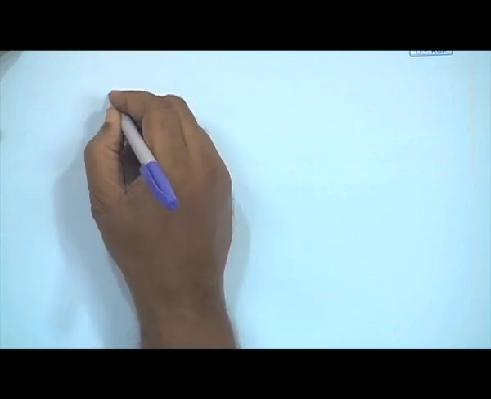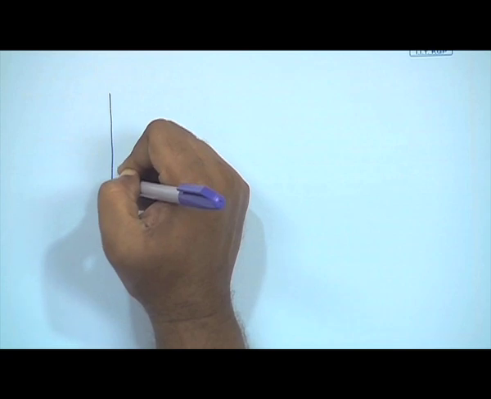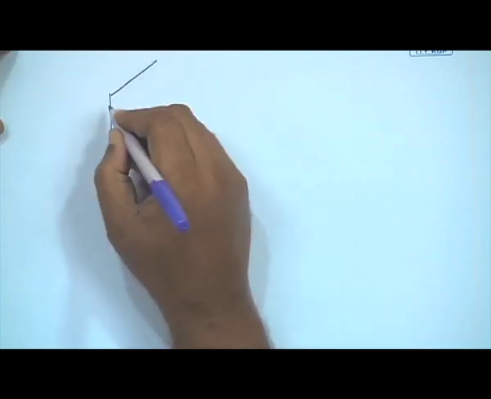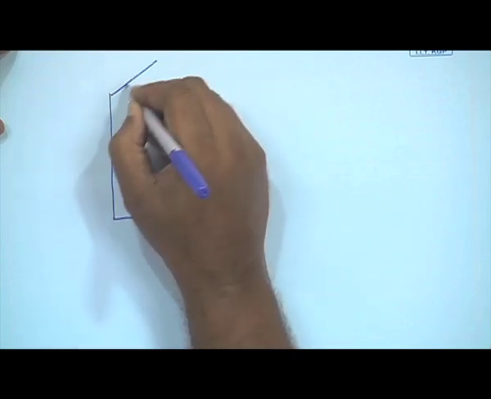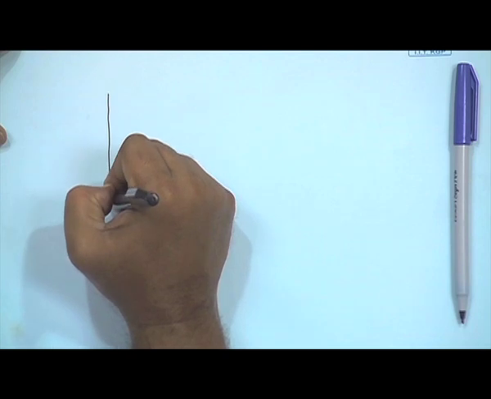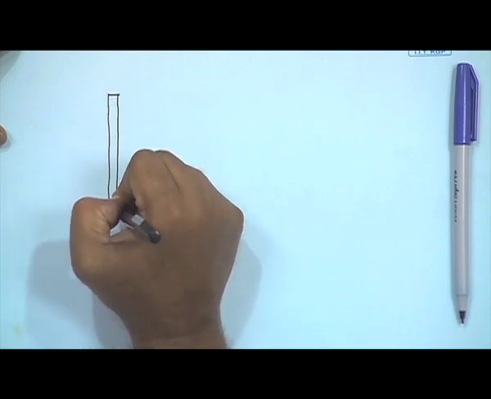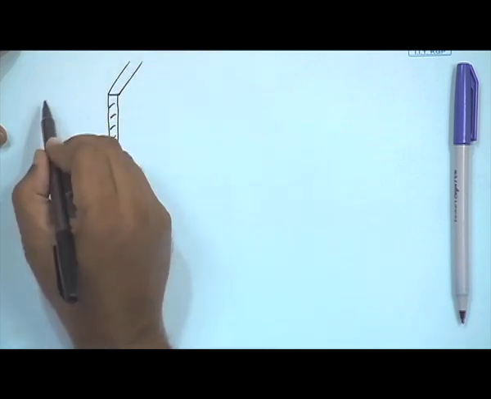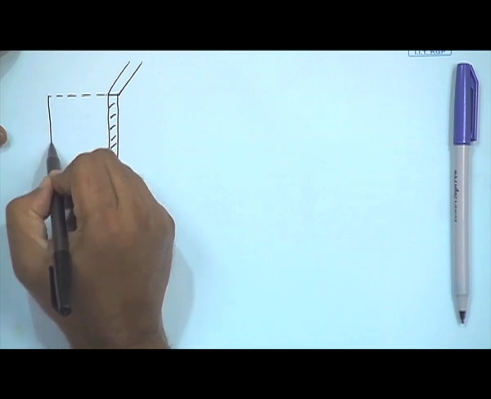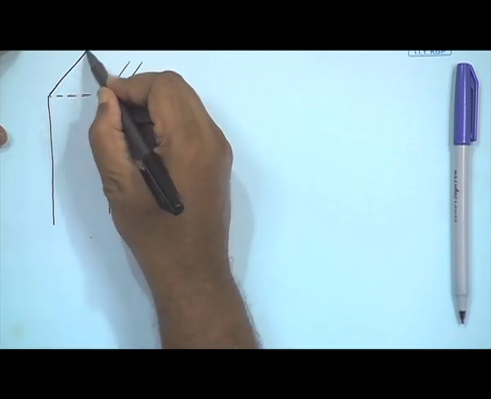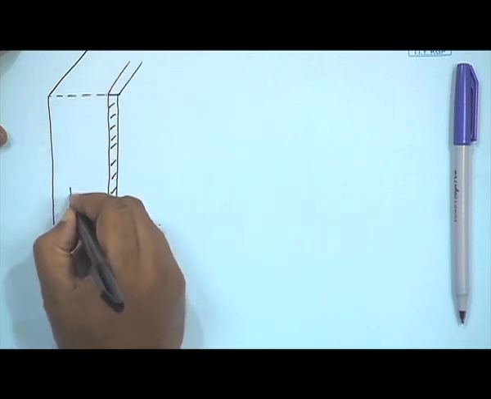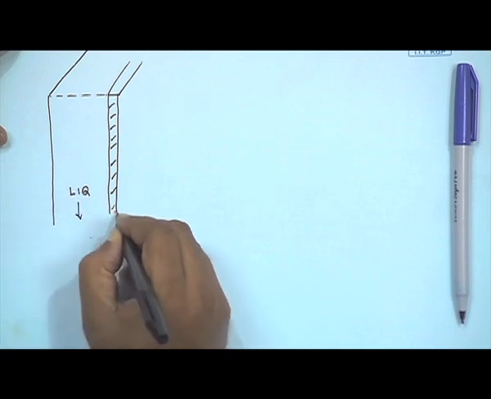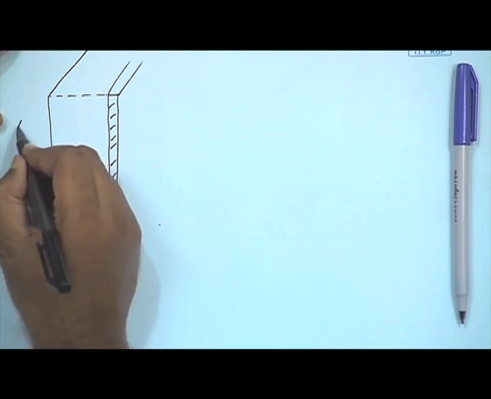is, so this is a solid wall and a liquid film is falling along the solid wall, and there is a species.